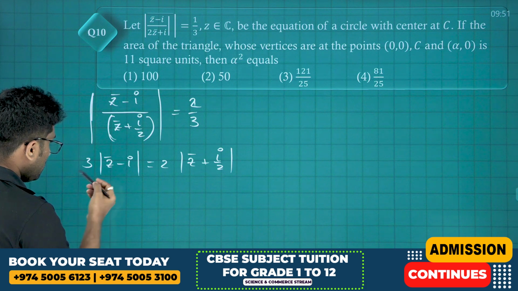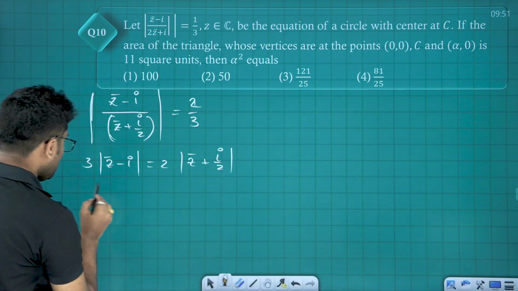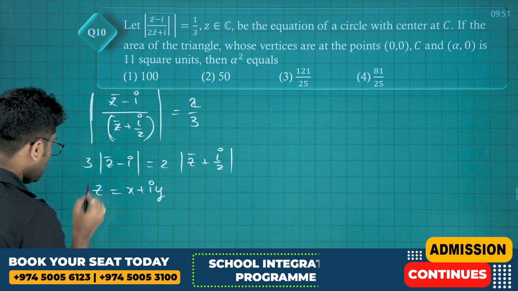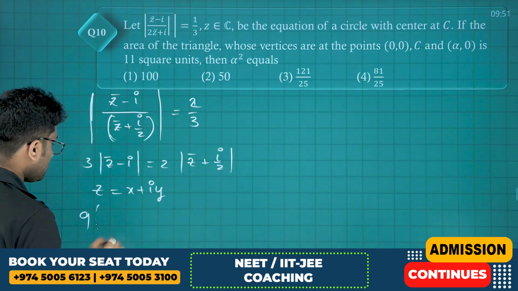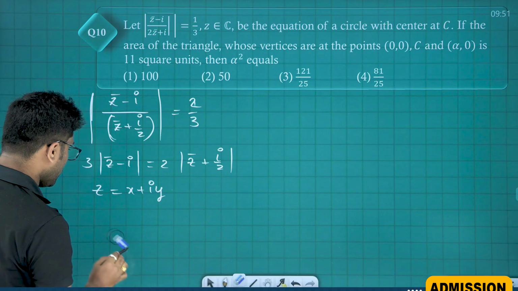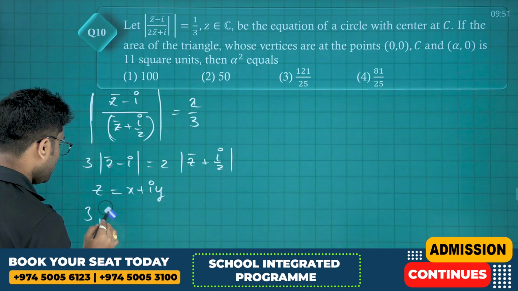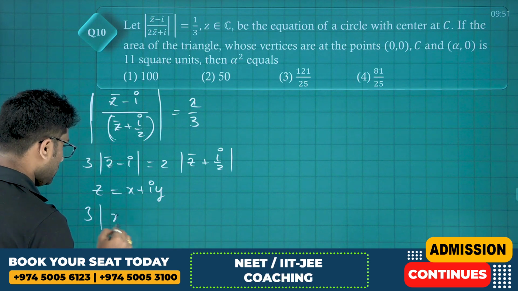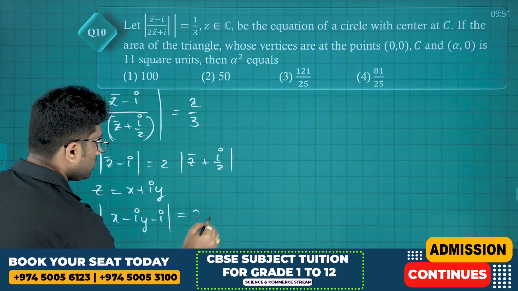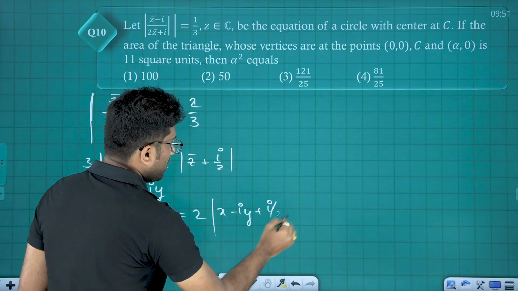So now squaring on both sides, or we do one thing. z is equal to x plus iy. Squaring on both sides, what is the modulus before squaring? 3 times x minus iy minus i is equal to 2 times x minus iy plus i by 2.